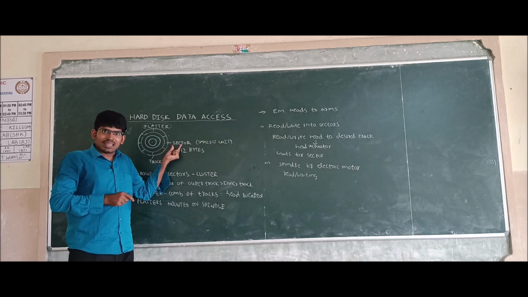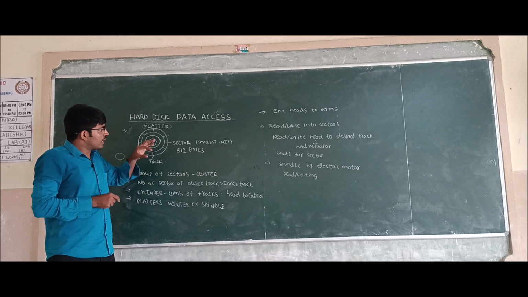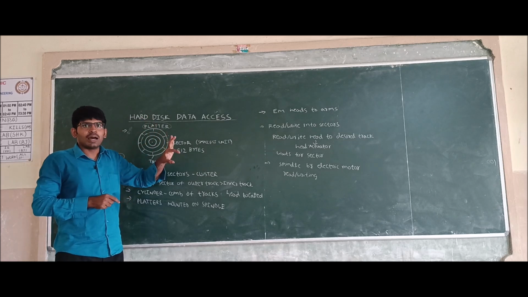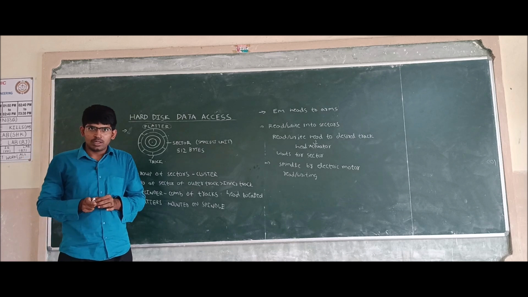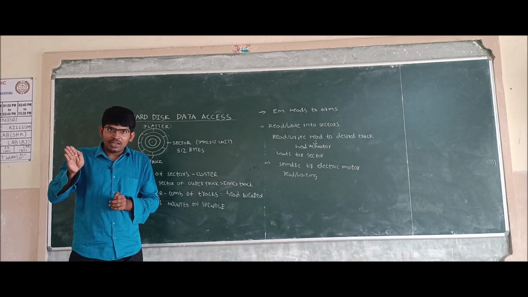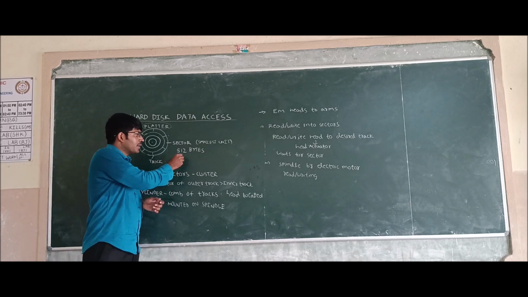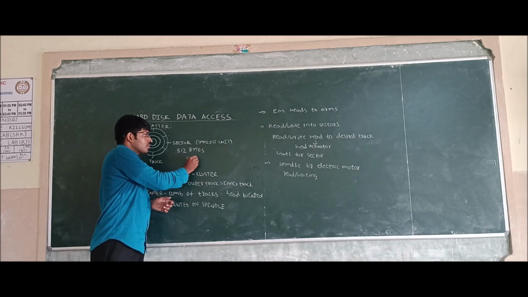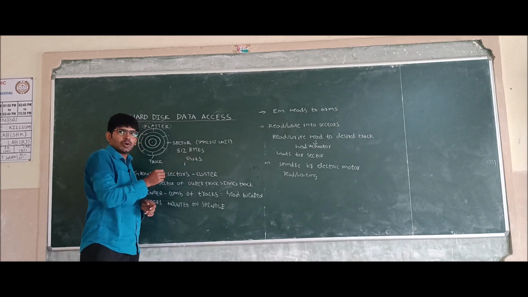What is this sector? This sector is the smallest unit. Here in this sector we can store 512 bytes of data. So the electrical equivalent of the 512 bytes. For example, 1 byte means 8 bits. Each bit may be 1 or 0.